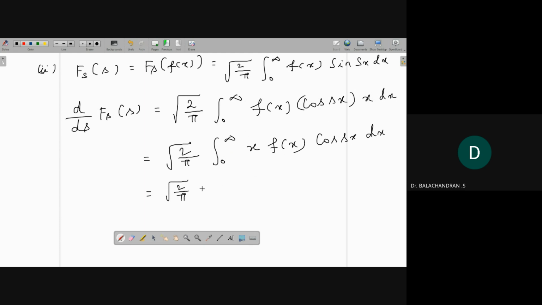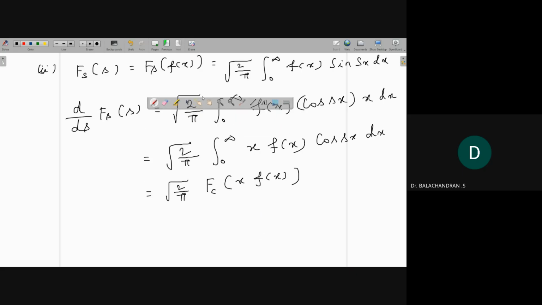The right hand side is what? The Fourier cosine transform of x into f of x.